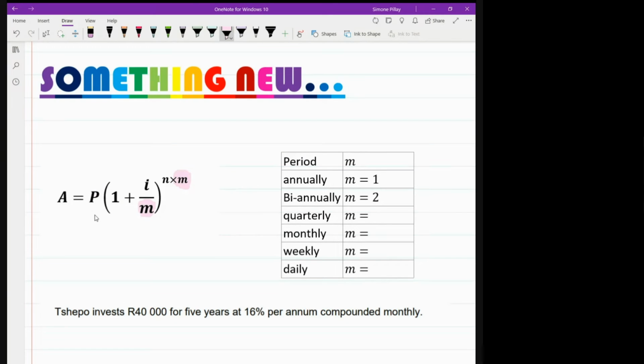It's still A equals P, 1 plus i to the exponent of n. The only difference is that we have introduced this variable of m. Nelly, I know not all of the teachers give it to us as a formula as such. They might just tell you to divide and multiply by your periods. But I know for sure you will do questions like this, whether or not you've been given this formula.